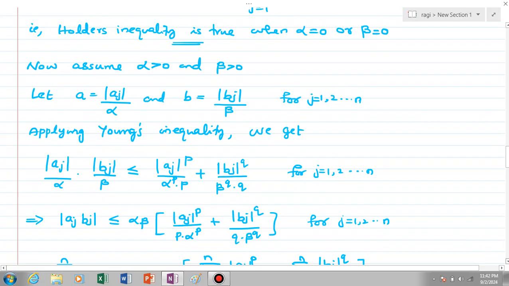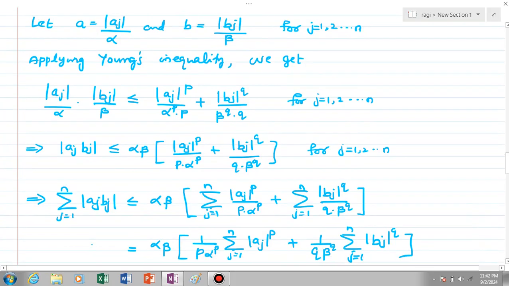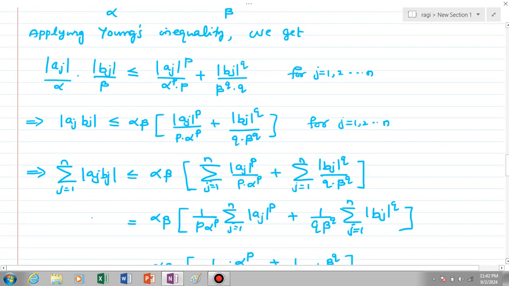That is, modulus of aj bj is less than or equal to alpha beta into mod aj raised to p by p into alpha raised to p plus mod bj raised to q by q into beta raised to q, for j equal to 1 to n. Summing up all these inequalities, we can see that the left side becomes summation j 1 to n mod aj bj, and that is less than or equal to alpha beta into summation j 1 to n mod aj raised to p by p into alpha raised to p plus summation j 1 to n mod bj raised to q by q into beta raised to q.